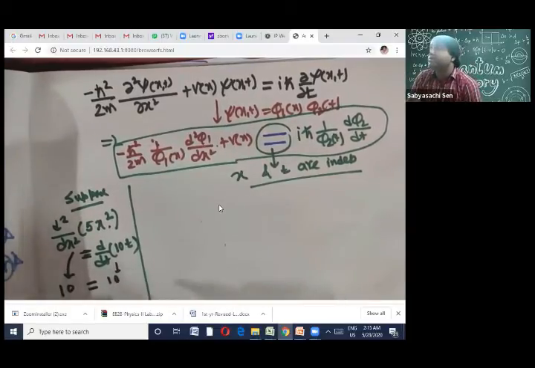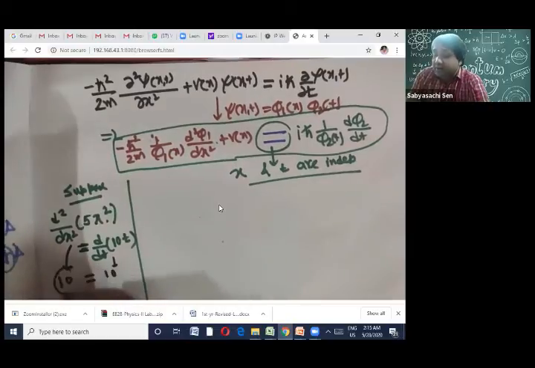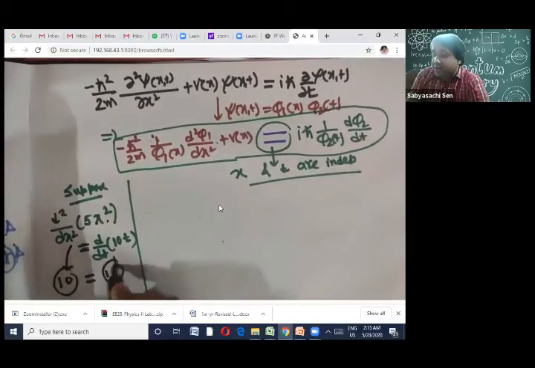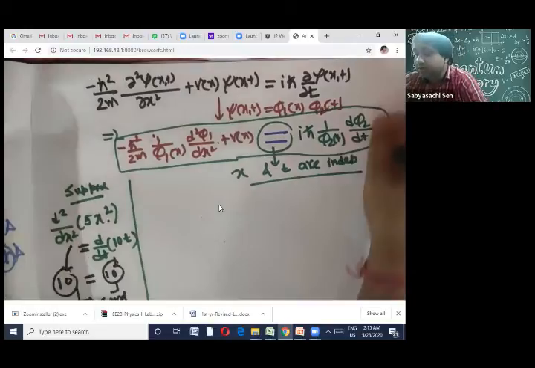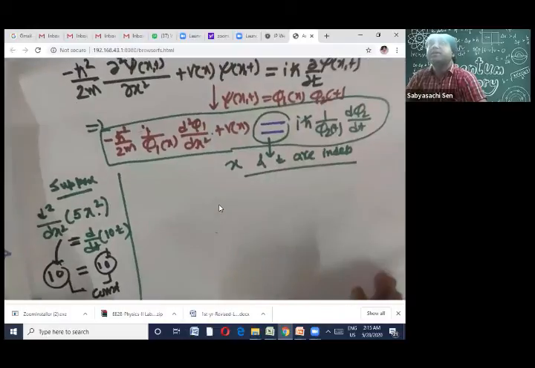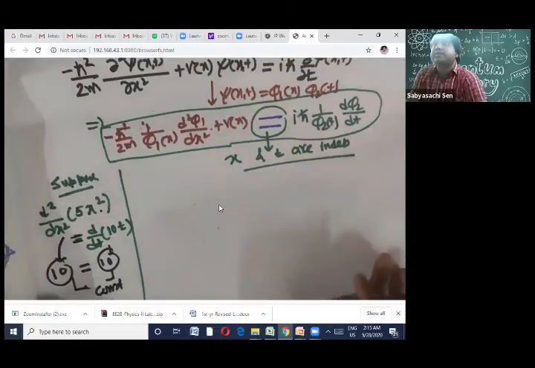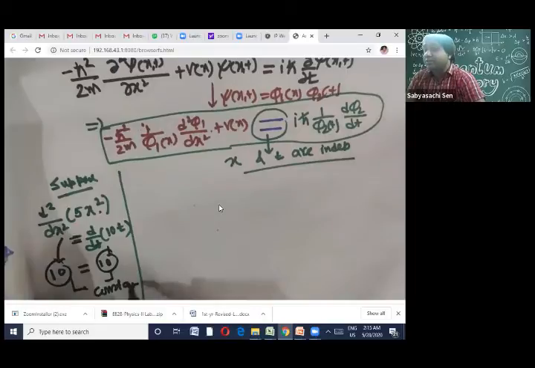Is it the jersey number of Messi or Tendulkar or any other reason? 10 is a number. What is the speciality of 10? 10 is a constant. It is a constant quantity. So the idea is that the equality can exist if, after all the derivatives, you end up with a pure constant.